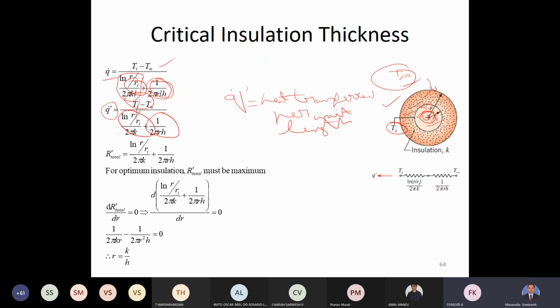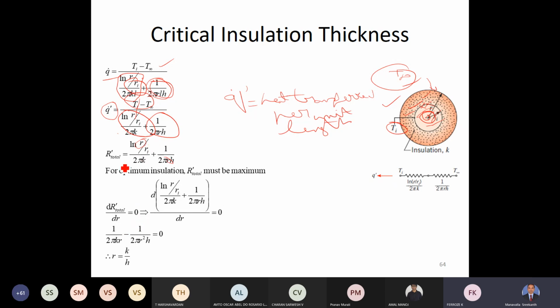Now, if we differentiate this resistance, what is the variable in this entire equation? k is fixed for a given material. Heat transfer coefficient is fixed for given flow conditions. So only r is the variable here. So we differentiate the resistance with respect to small r, which is the radius, and equate this derivative to 0.